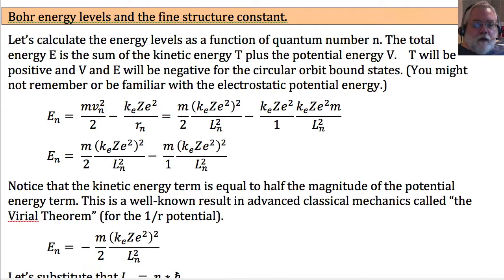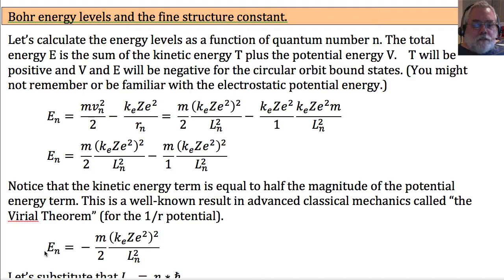If we plug in values for v sub n and r sub n and do the math, we notice that the kinetic energy term is equal to half the magnitude of the potential energy term. This is a well-known result in advanced classical mechanics called the Virial Theorem for the 1 over r potential.